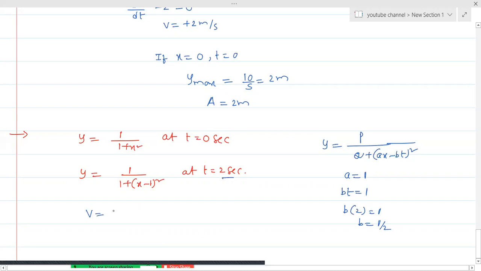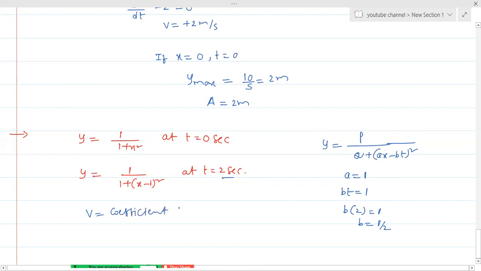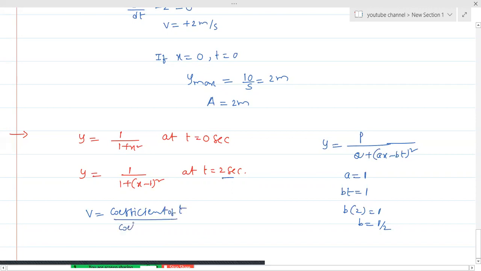So we will define it as the coefficient of t by the coefficient of x. Simply by taking the differentiation like the previous one, we get this relation, that is nothing but b by a.